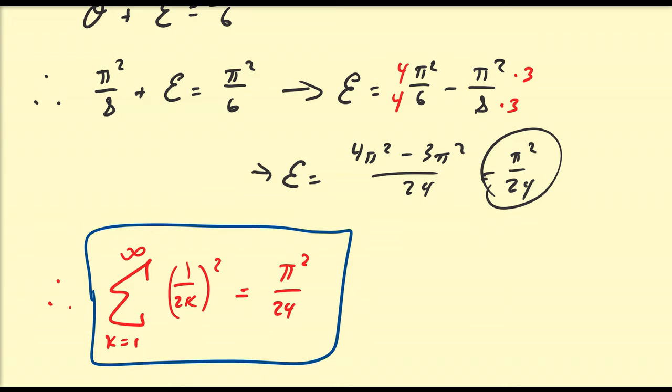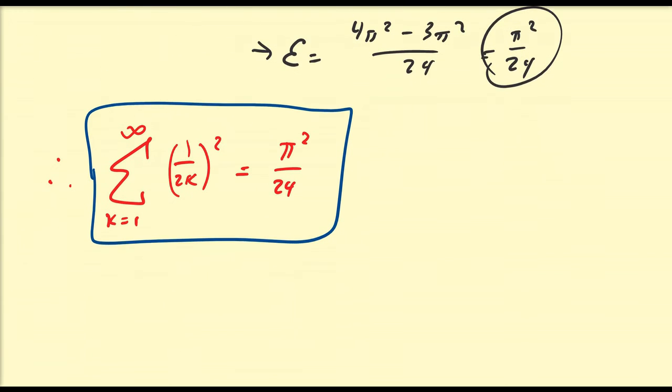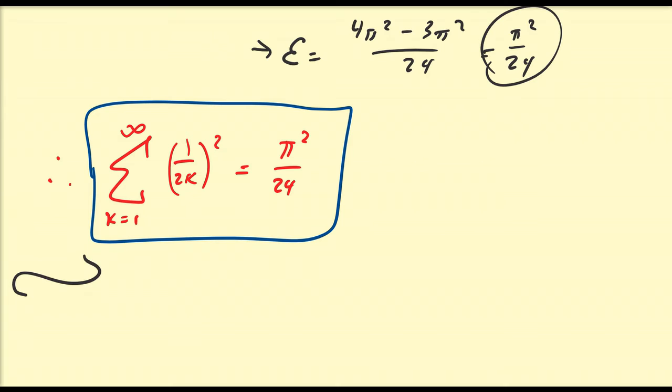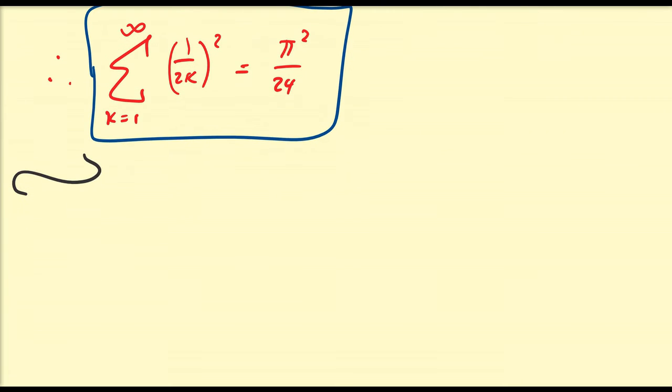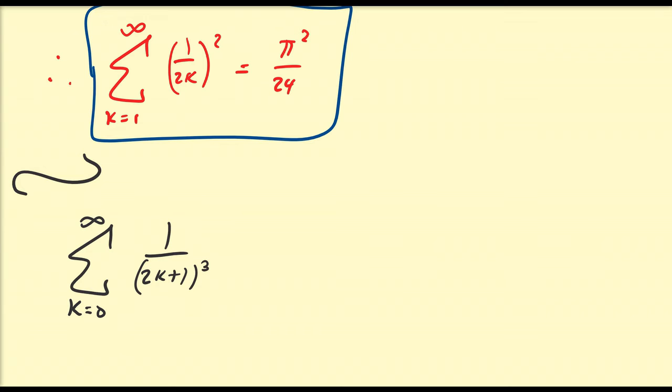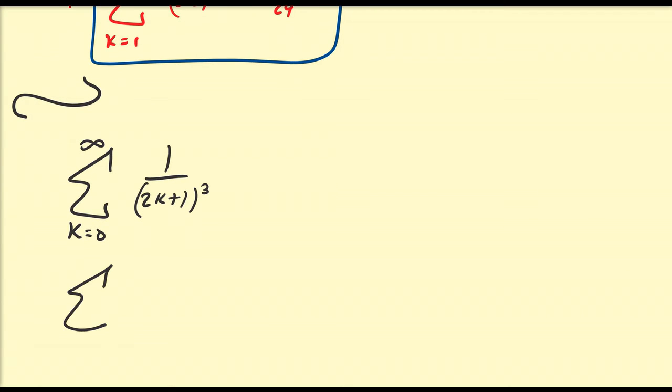Okay, cool. So we're going to do the same exact trick for an almost identical series, but we're just going to increase the power by 1. So we're going to consider the sum from k equals 0 to infinity of 1 over (2k plus 1) cubed, and the sum from k equals 1 to infinity of 1 over (2k) cubed.